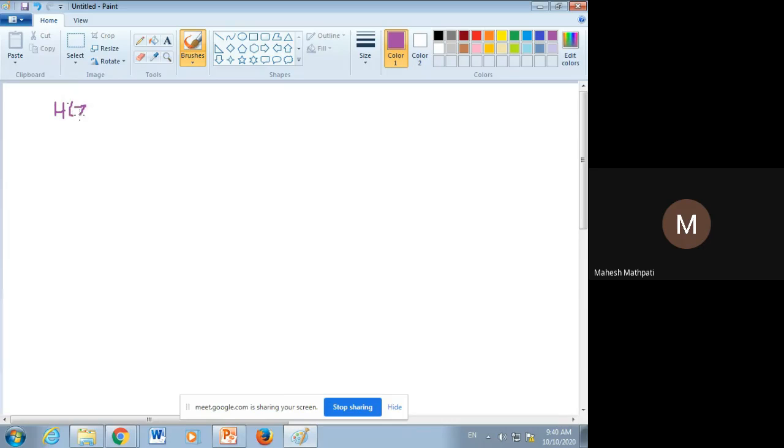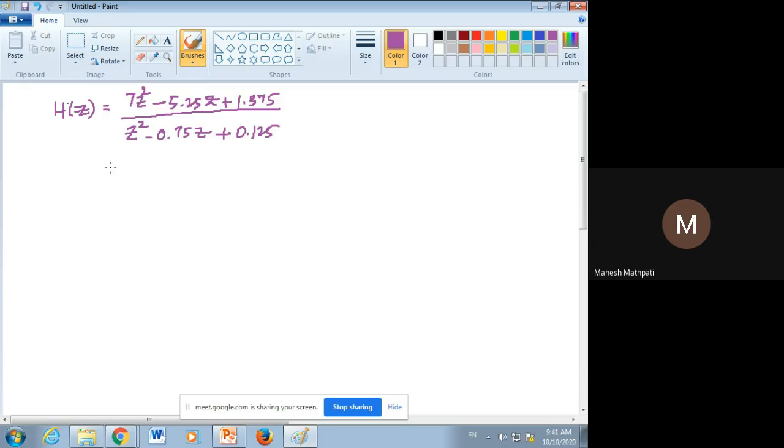H of z is equal to 7z square minus 5.25 z plus 1.375, divided by z square minus 0.75 z plus 0.125.